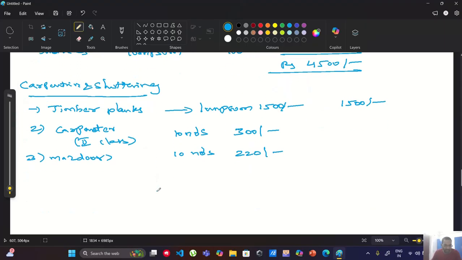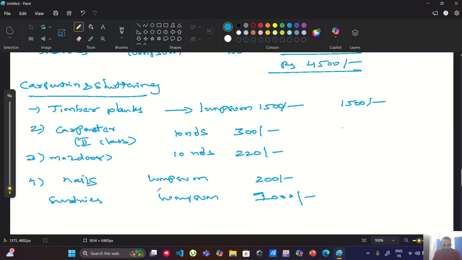And the last one is not a lump sum here. For carpentering there are some nails also required, for hitting all those supports. So here you can take a lump sum of 200 rupees. And the last one is Sunrise, this is also a lump sum. I am taking 100 rupees.